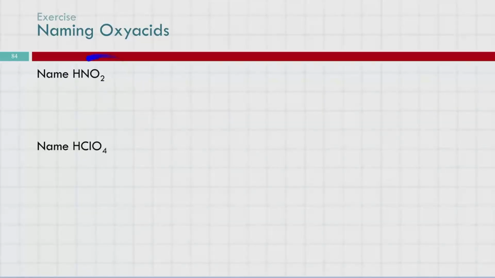So for HNO2, the H in front tells us it's an acid. The NO2 part, we're looking for something that looks like NO2 if we're using our green sheet. And that thing is NO3, which is nitrate. We do not have NO3 because we have NO2.